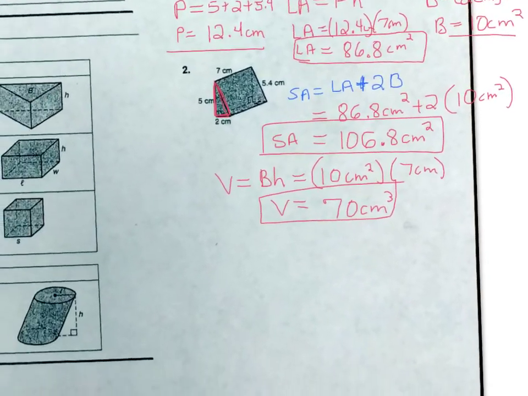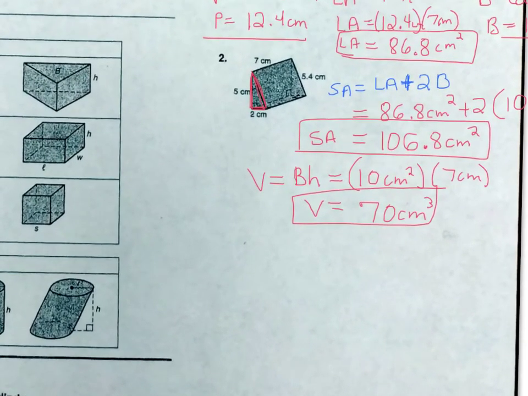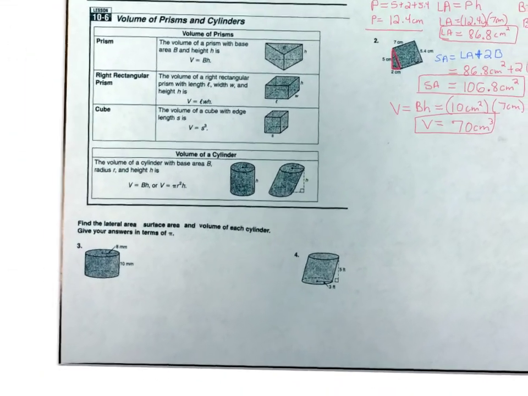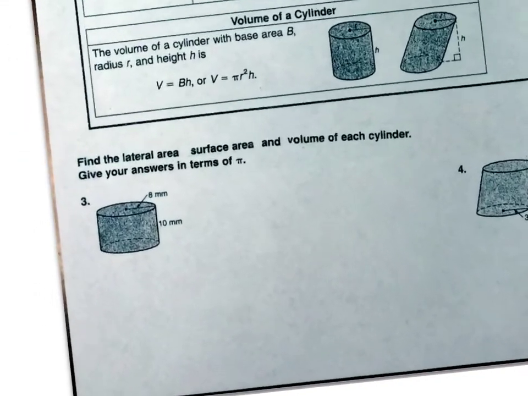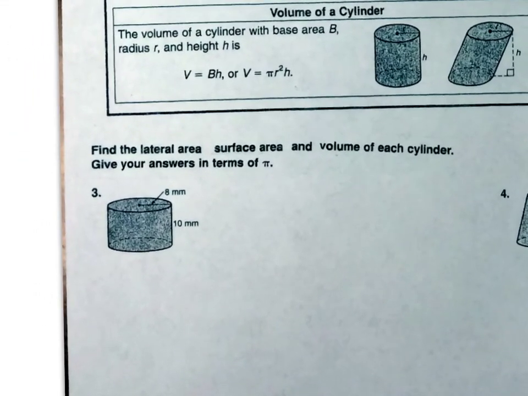Next, problem number 3. Okay, number 3, it's a cylinder. For a cylinder, first of all, we need to get our pieces of information. Let's get the area of the base first. The formula for the area of the base is pi r squared.